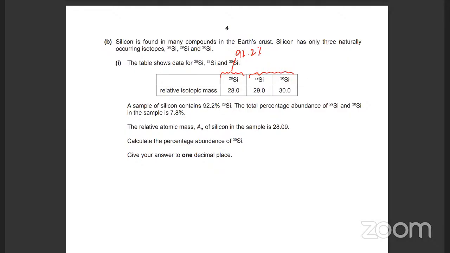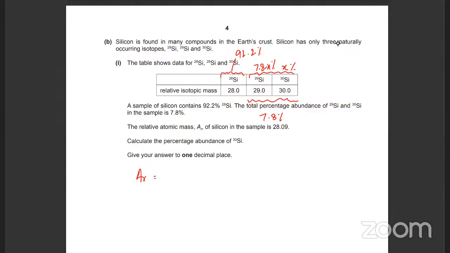I'll take this as X%, and this other one would then be 7.8 minus X%, because combined these two are 7.8%. So we're going to try and solve this using the same formula. What is AR?